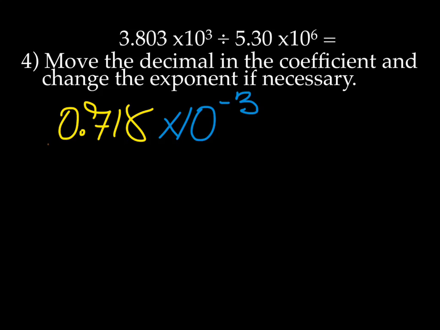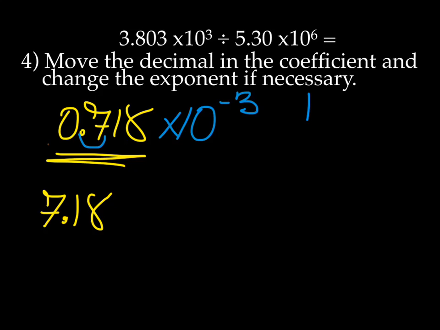To change 0.718 to correct scientific notation, it's going to need to be 7.18. How many times do we have to move the decimal to get from 0.718 to 7.18? We had to move it once. Again, I put the exponent up here with the other exponent. Now the sign of the exponent: is it positive or negative?